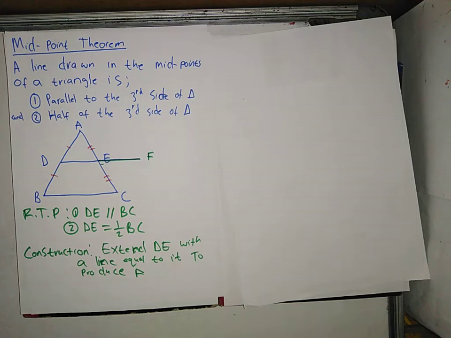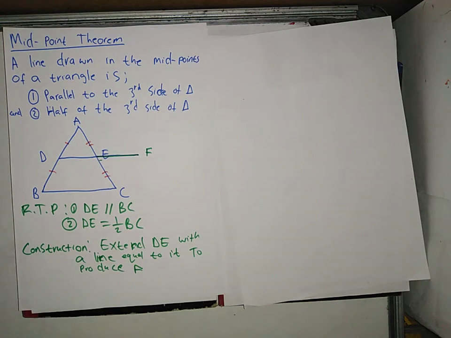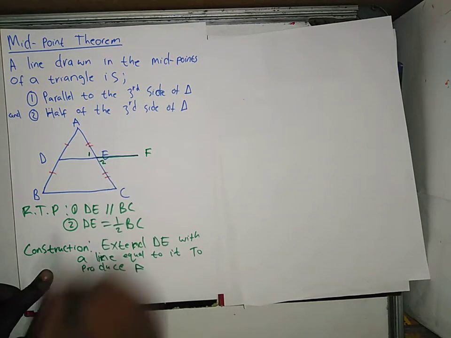Now when you extend this line, you'll produce F, but another thing you're going to produce is these angles, this angle and this one, and you must call this one E1. So this is E1 and then E2. Can you see?